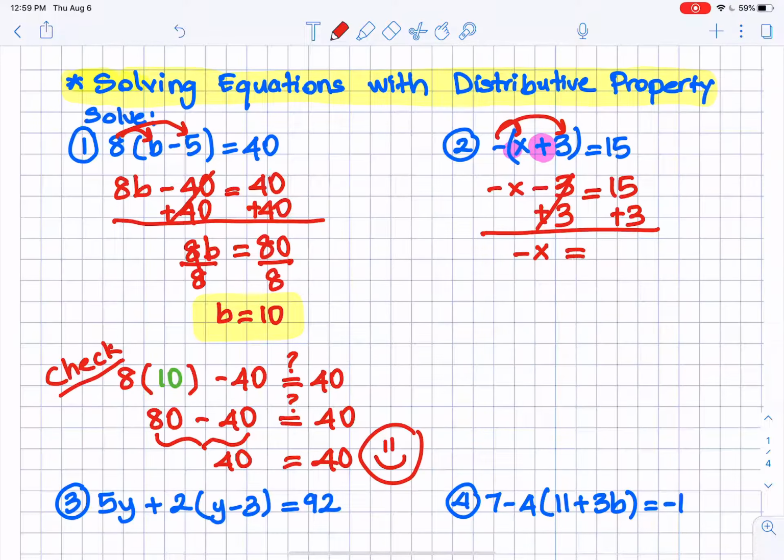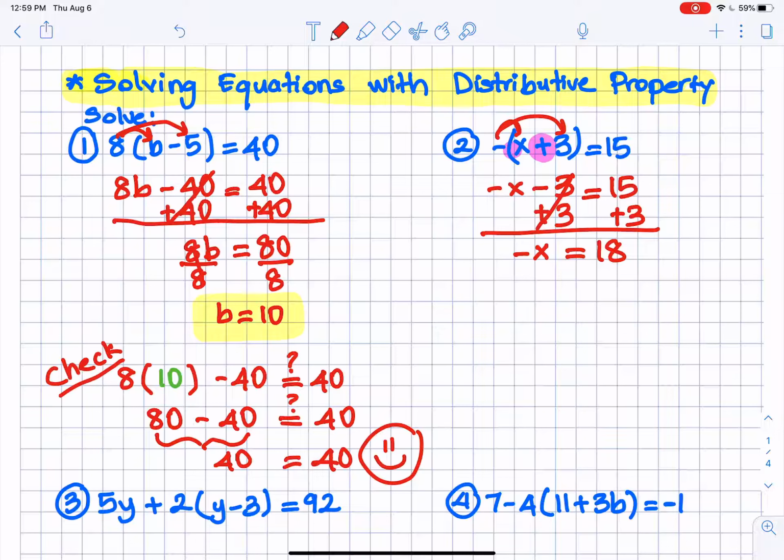Negative x equals 18. Now, the answer is not 18. Please be careful. You have to isolate your variable x completely. That means you need to get rid of that negative sign. I'm going to either divide both sides of the equation by negative 1, or I can multiply both sides of the equation with negative 1.